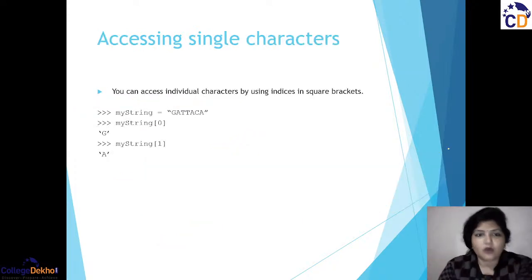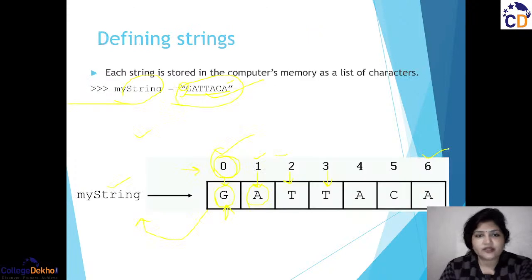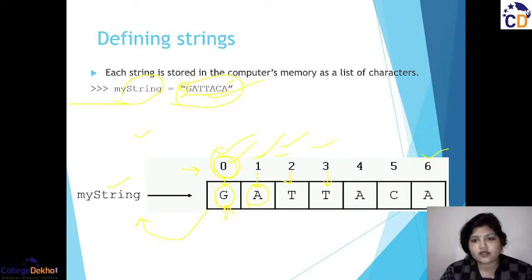Now let us see how we access it. Like I told you, this is our 0 index, we are starting with this, then 1, then 2, then 3 and so on.